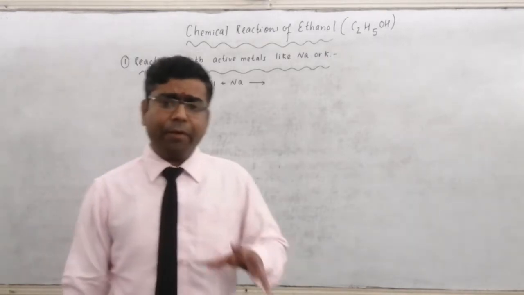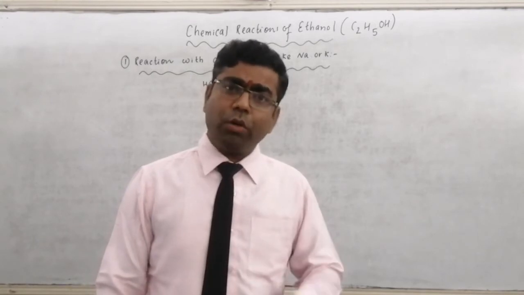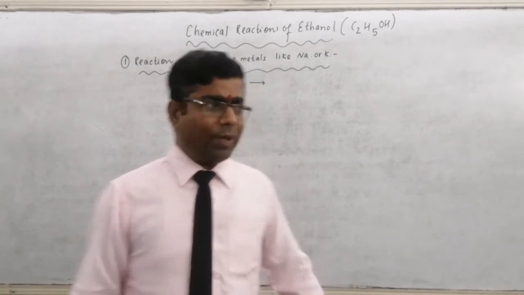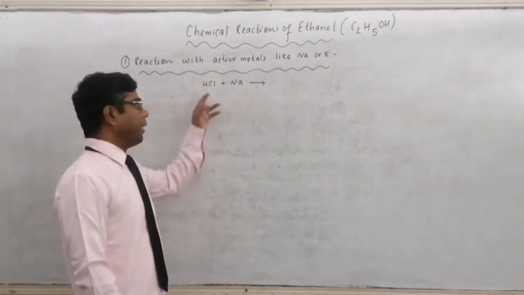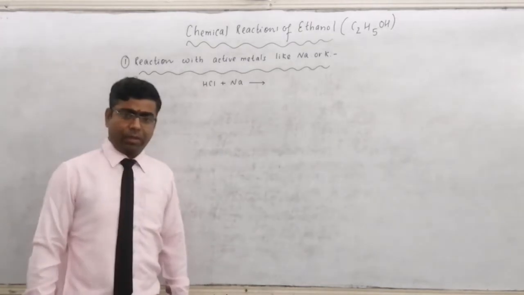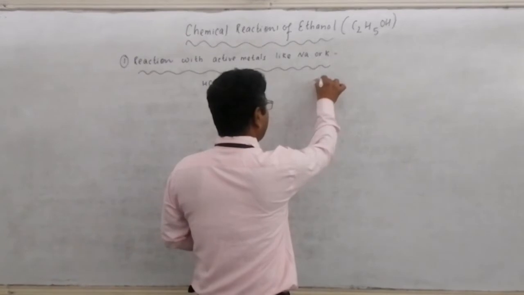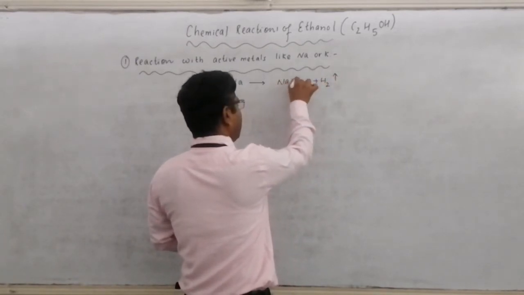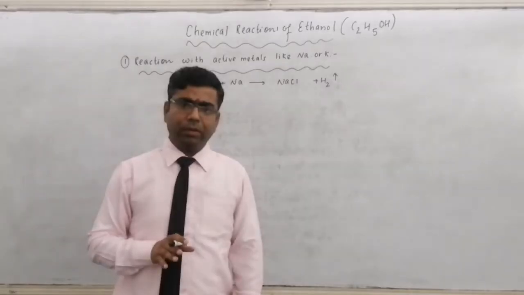All reactive metals have the property to displace active hydrogen or acidic hydrogen in the form of H2 gas. So what will happen? Na, being more electropositive and more reactive than hydrogen, will displace hydrogen in the form of H2 gas, as a result of which NaCl is obtained. The reaction is not balanced.